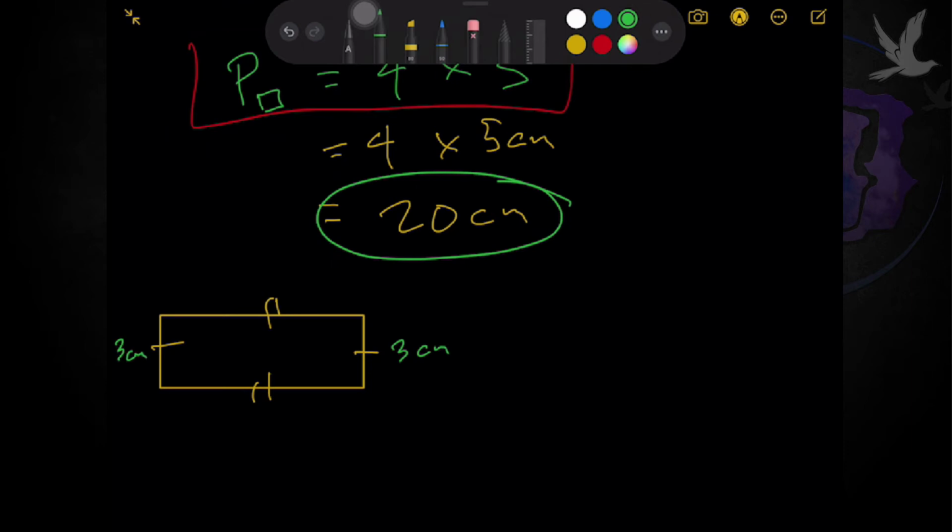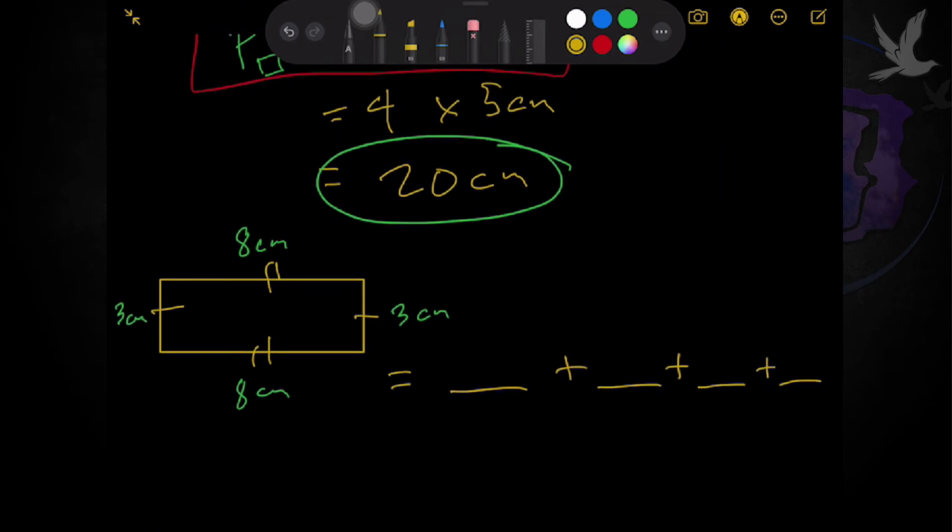If this basically measures, let's say 8 centimeters, which means this side is also 8 centimeters. Okay. Again, solving for the perimeter of a rectangle, as simple as add all sides. Okay, ganun lang. 1, 2, 3, 4. Since rectangle tayo, so 4 sides.